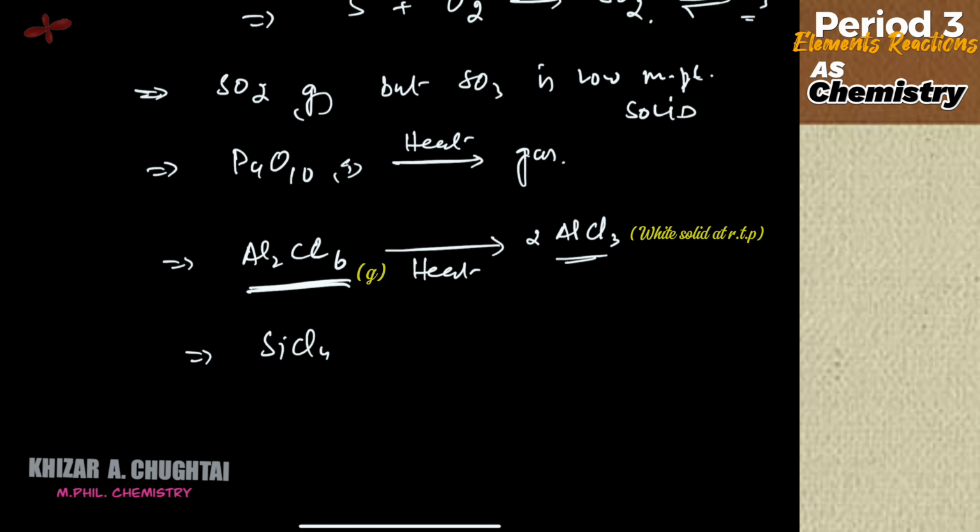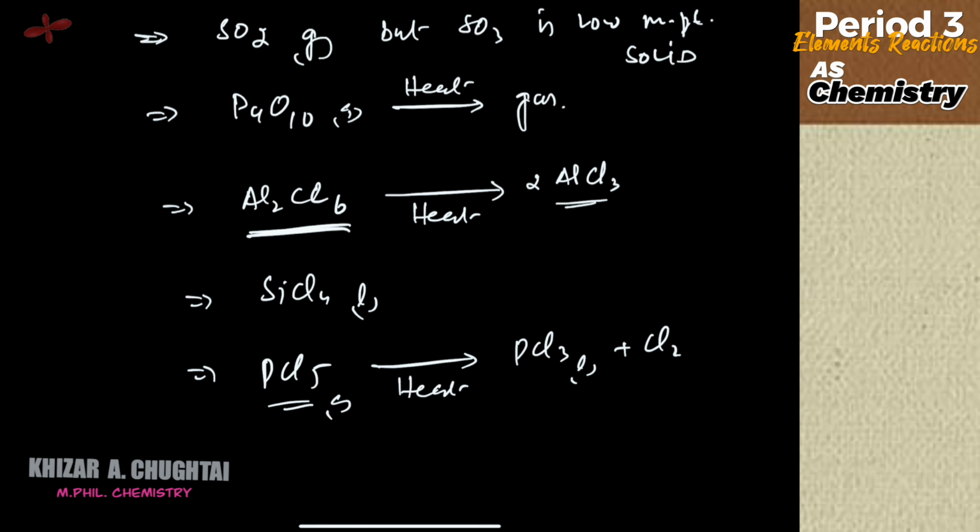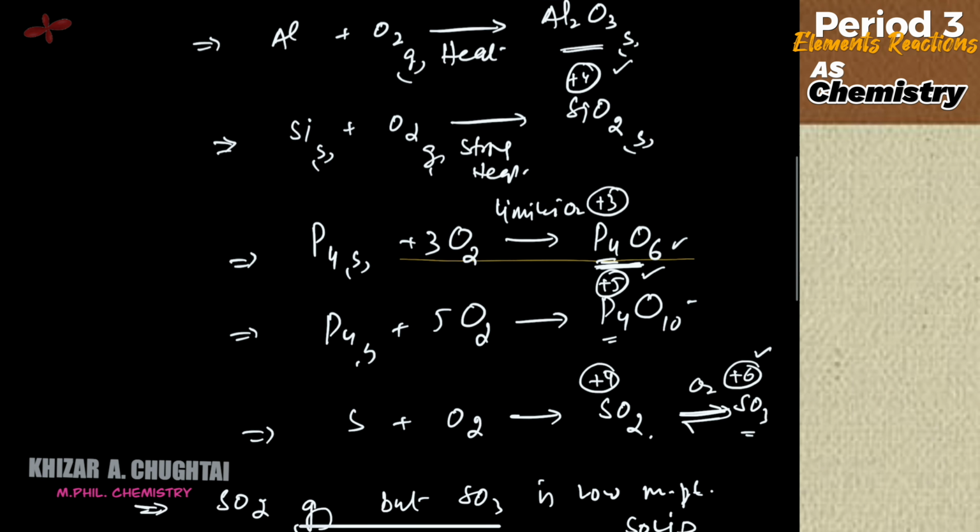SiCl4 is basically a liquid at room temperature, and PCl5 decomposes when heated. There is a thermal decomposition to give PCl3, that is a liquid, plus Cl2 gas is formed. So on heating PCl5, that is a white solid basically, it is going to decompose.